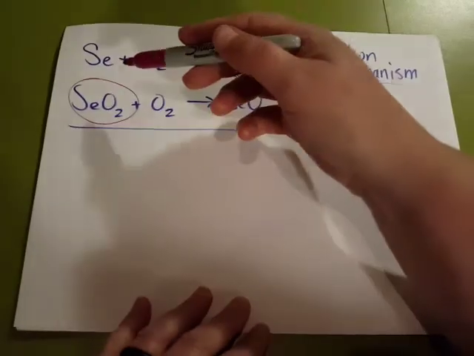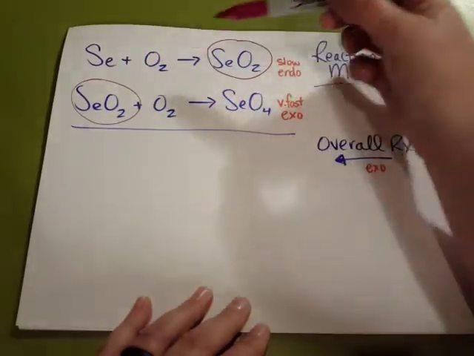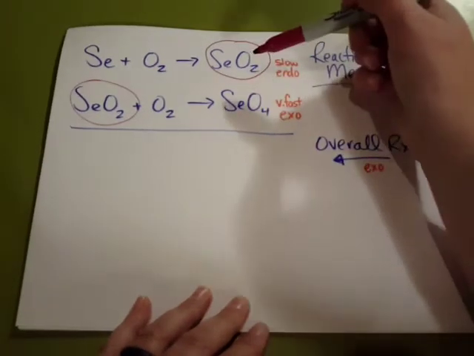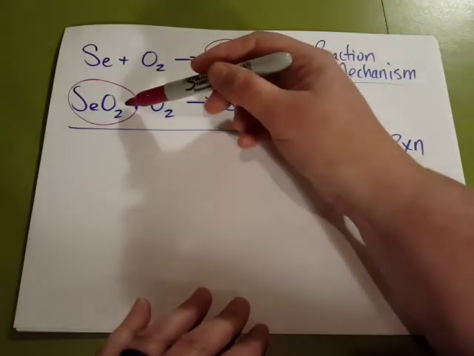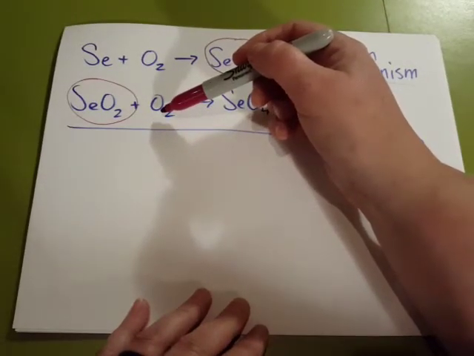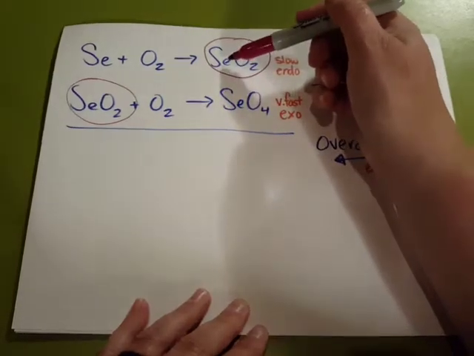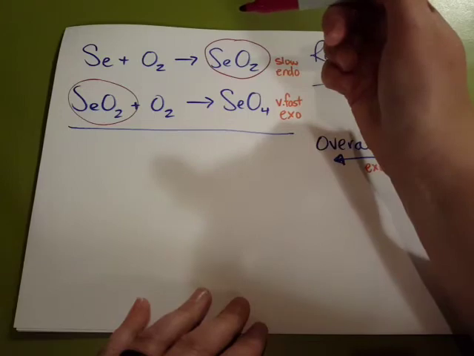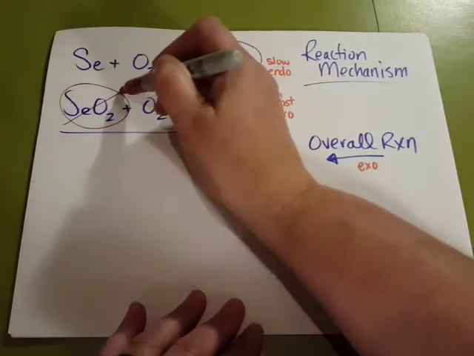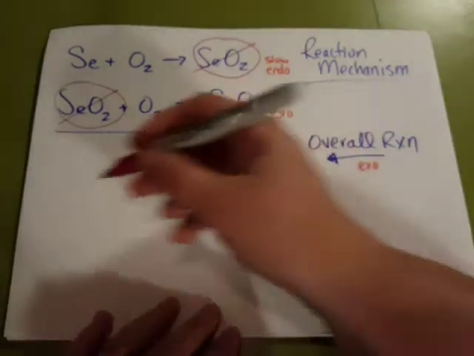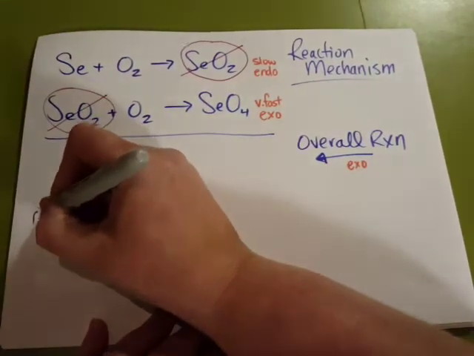So in step one, selenium and oxygen react to form the selenium oxide, and it's here, but then it gets used up as it meets more oxygen. For all of the selenium oxide that gets created, it will also get consumed. So this guy actually cancels itself out, and that we can call a reaction intermediate.